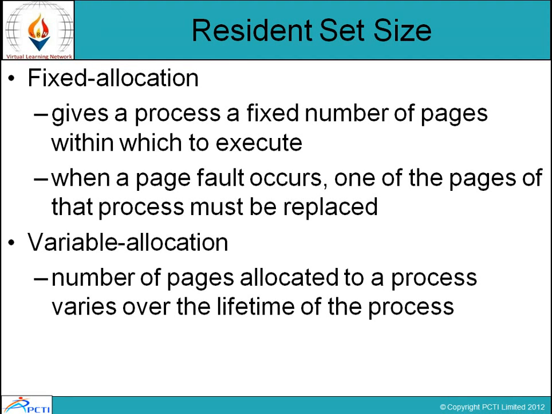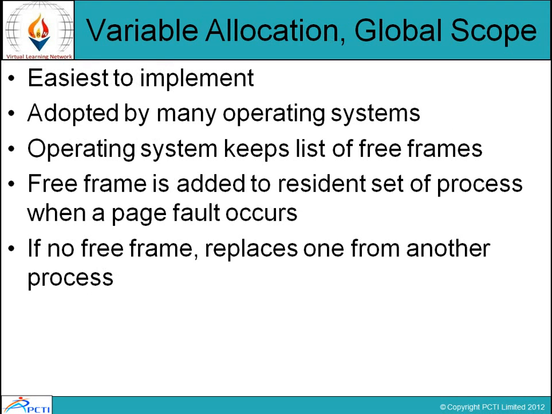Fixed allocation gives a process a fixed number of pages within which it executes. When a page fault occurs, one of the pages of that process must be replaced. What is variable allocation? The number of pages allocated to a process varies over the lifetime of the process.